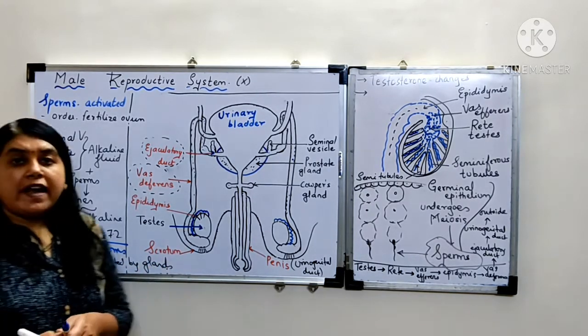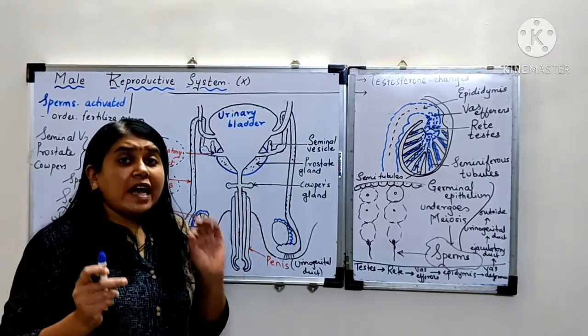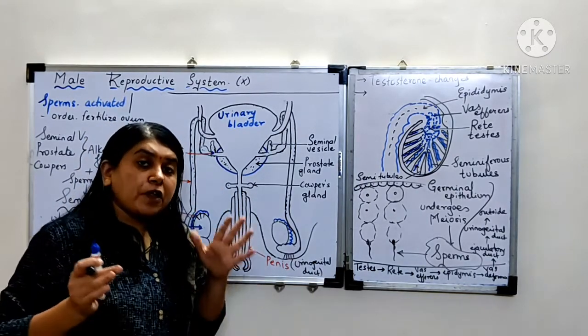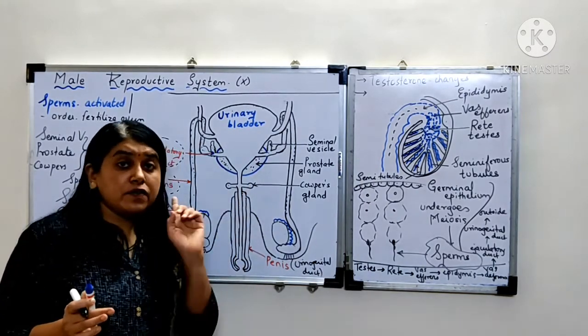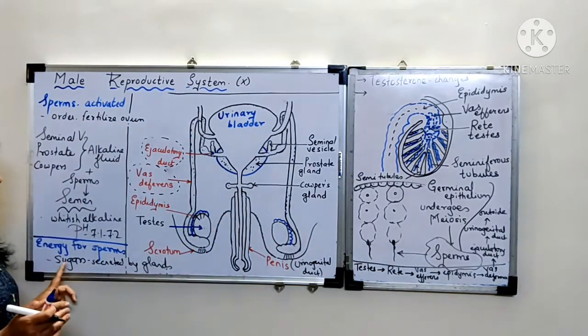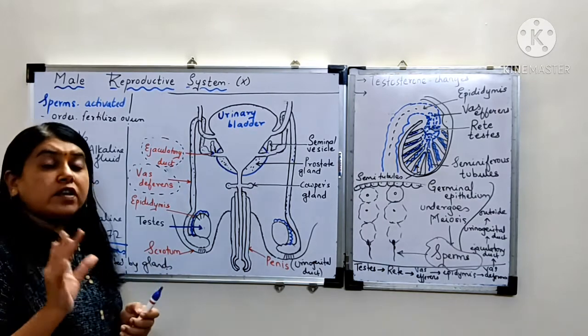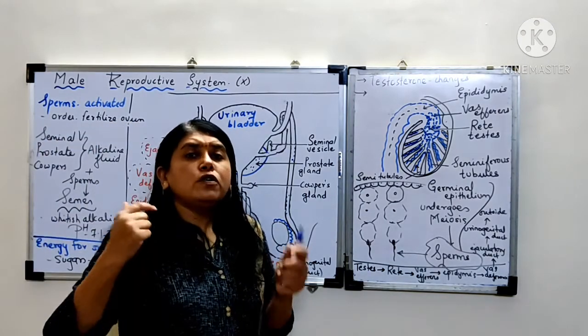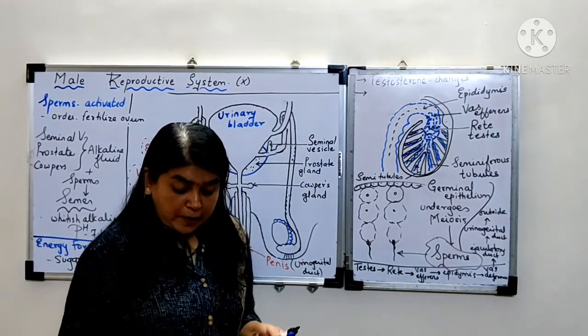Why do the sperms require energy? Because the sperms have to pass into the female reproductive system to fertilize the ovum. That is the main function of these sperms. For this purpose, the sperms also have mitochondria.